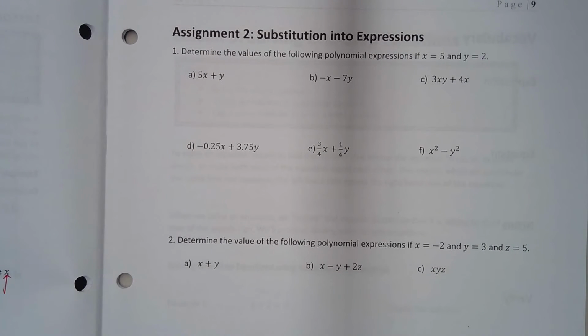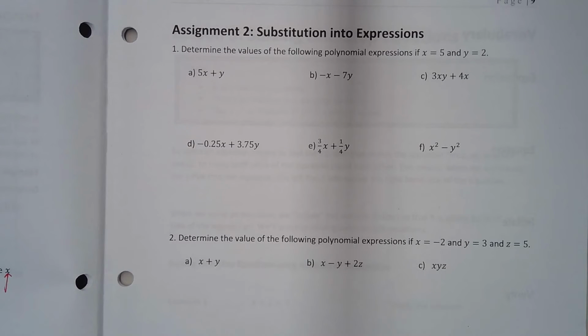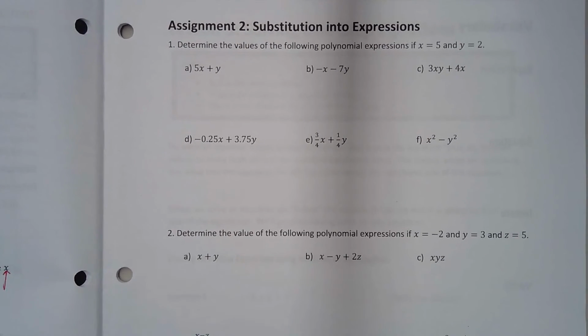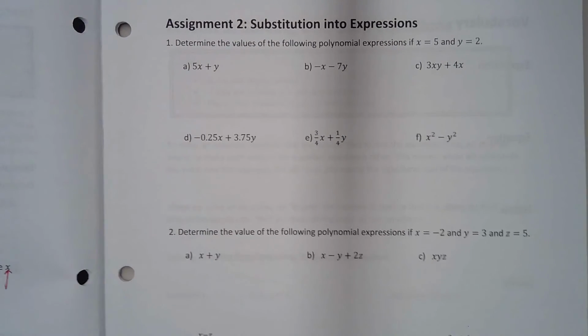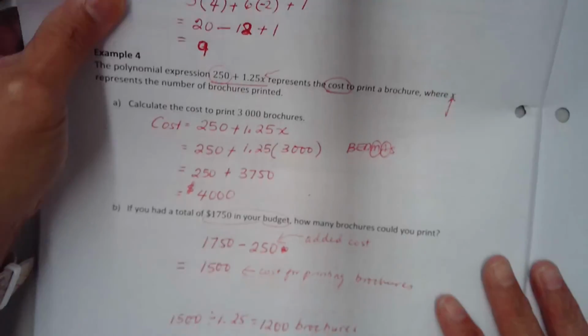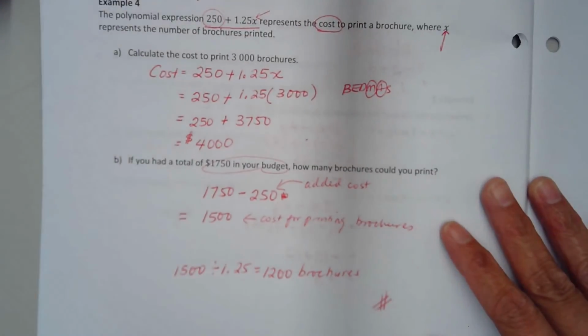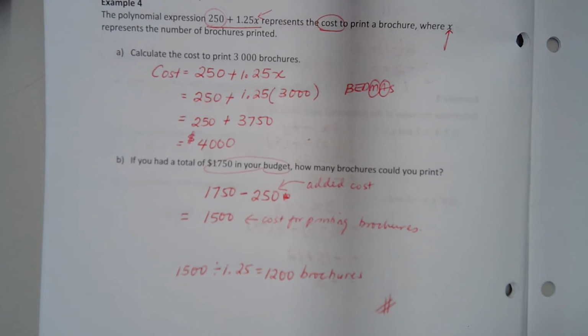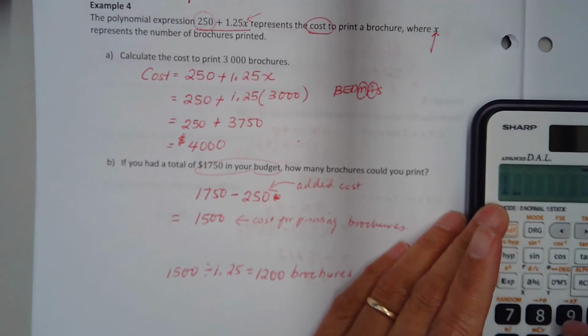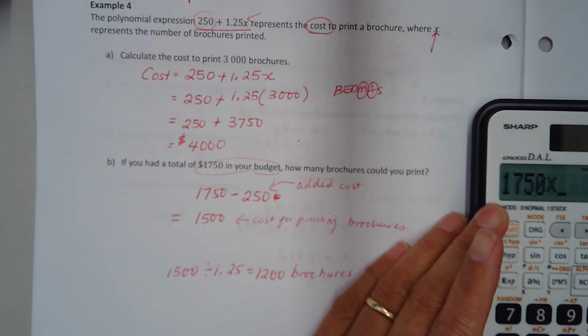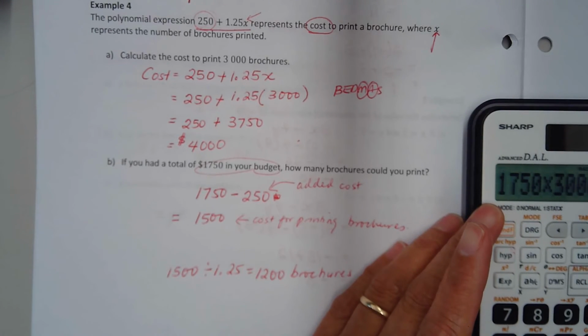How would you divide 1,750, you divide 3,000, and then you multiply 1.25? Say that again. I'm going back here. Yeah, 1,750. You divide 3,000, and then you multiply 1.25. Then you multiply 1.25.